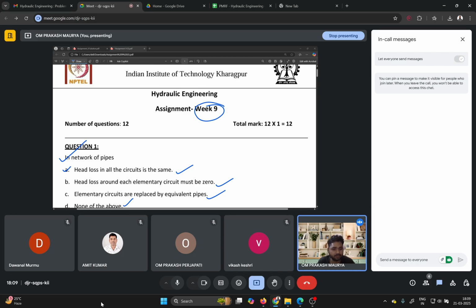Which option will be correct? Okay, Amit is telling option A will be correct. Option A. Okay, other student please.